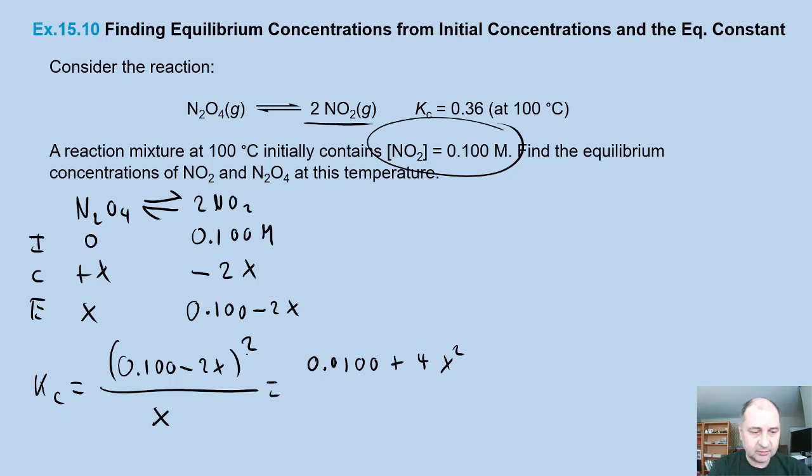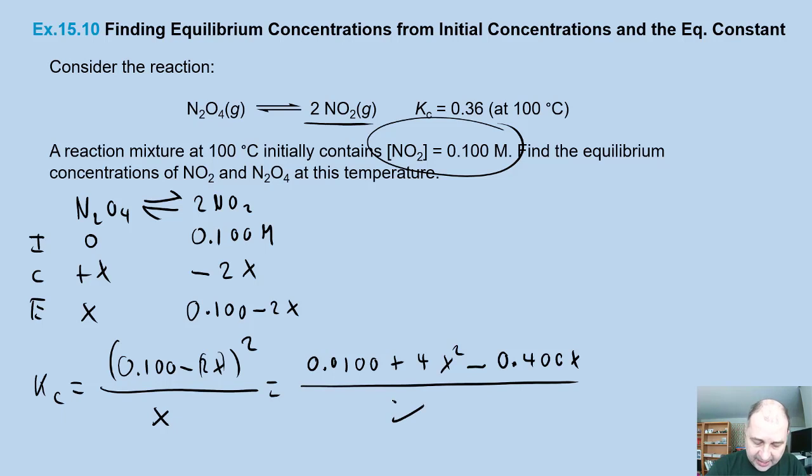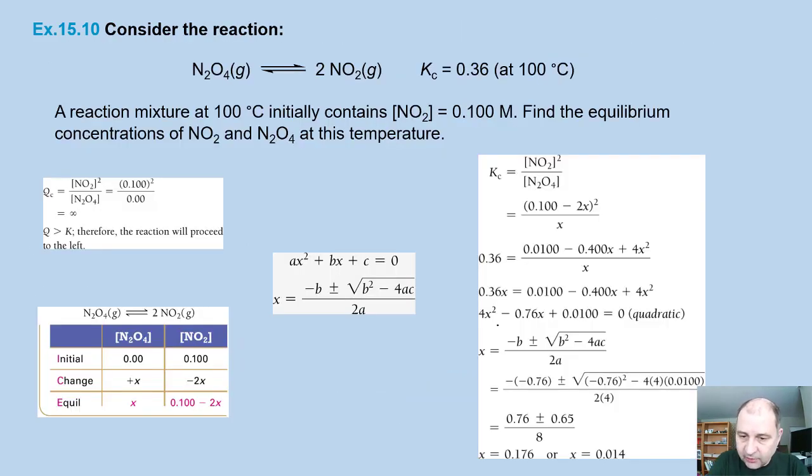So the whole thing is a squared plus b squared minus 2ab, and then minus 0.1 times 2 squared, which is 0.400x divided by x. And now when you multiply that all out, you will have to use the quadratic equation, but you should do the rest of this yourself. But then I get, and I'll show you on the next page, you end up with this equation if you set it up to 0.